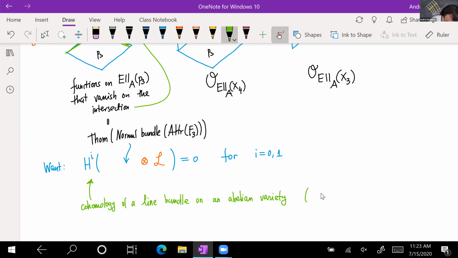Fact: the abelian variety in this case is the A-covariant elliptic cohomology of a point, which is just a product of elliptic curves. So it's worth reminding ourselves what we know about line bundles on abelian varieties, and what we know about their cohomology.